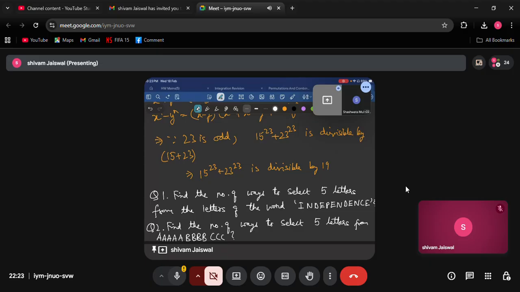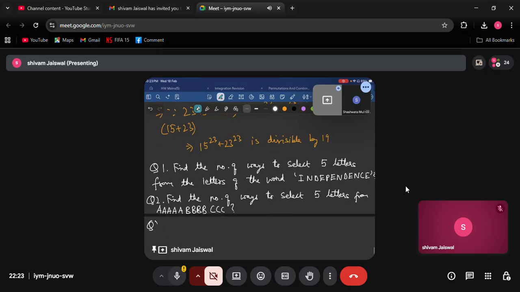Solve. Question number 3. Prove that 72C36 minus 1 is divisible by 73. Once you have done it, quickly send your answers.